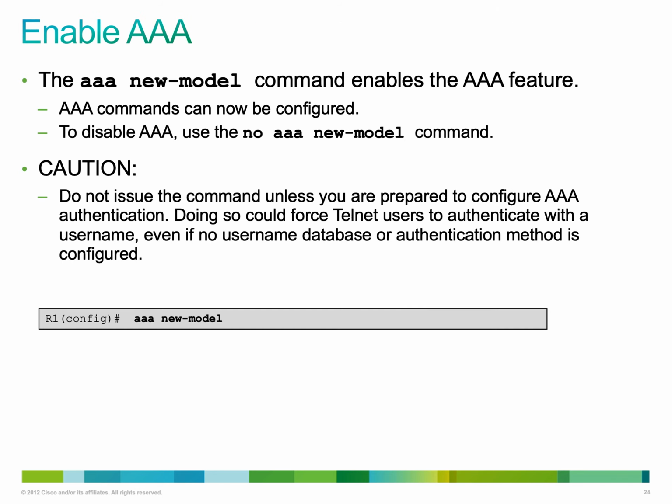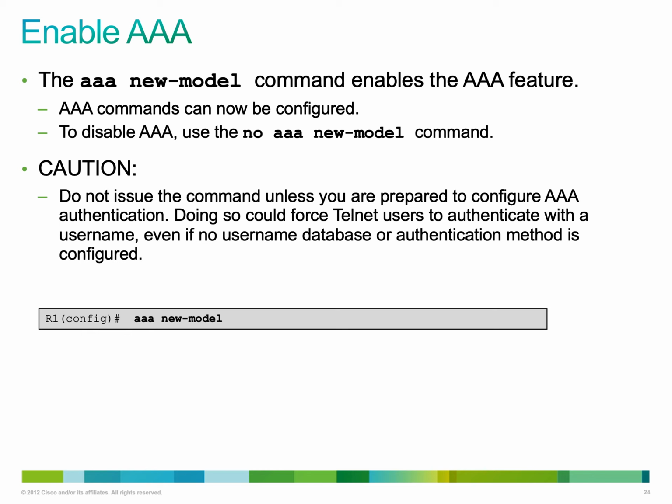Okay. Now we say enable AAA. This is the next thing, because in the configuration process you have to enable it. To do that, you just type the aaa new-model command to enable the AAA feature. Once you enable it, AAA commands can now be configured.